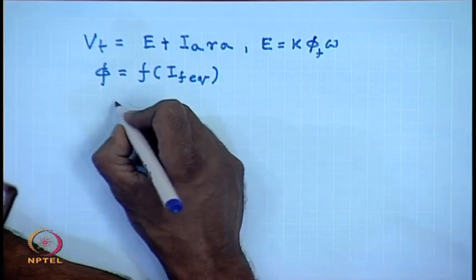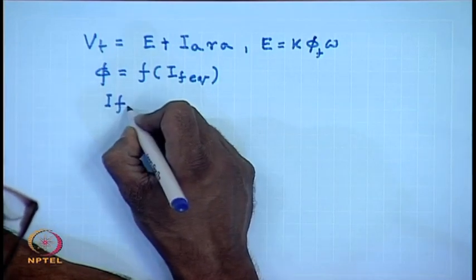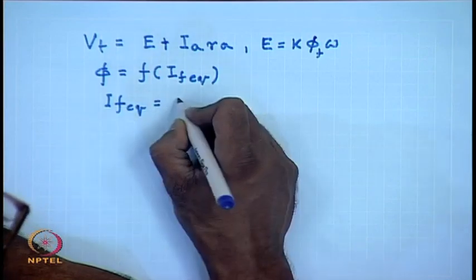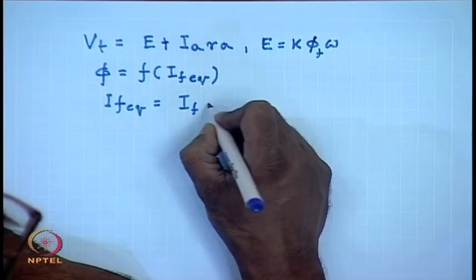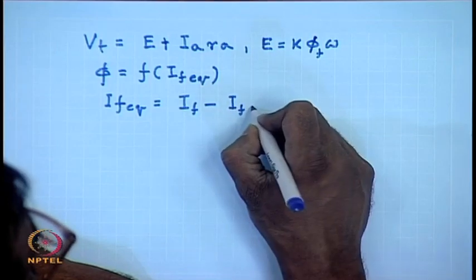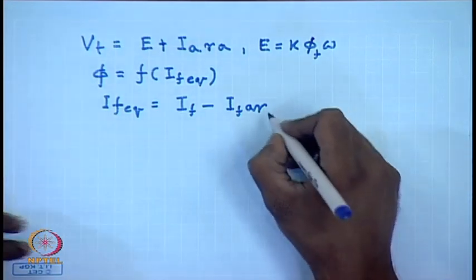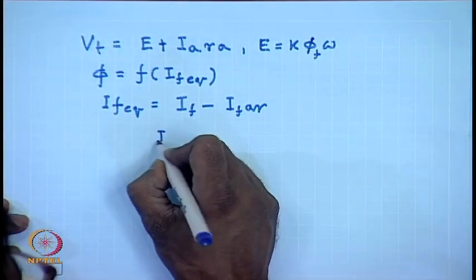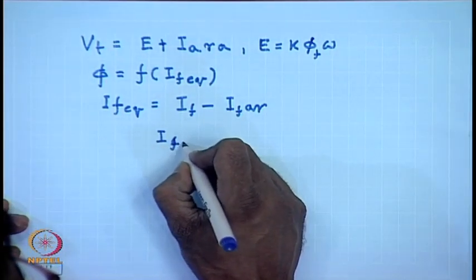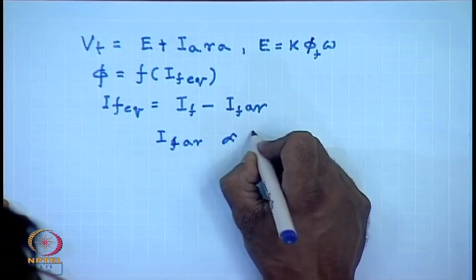Now, I f equivalent equal to I f minus I f corresponding to armature reaction. Now, I f armature reaction in most cases is proportional to armature current.